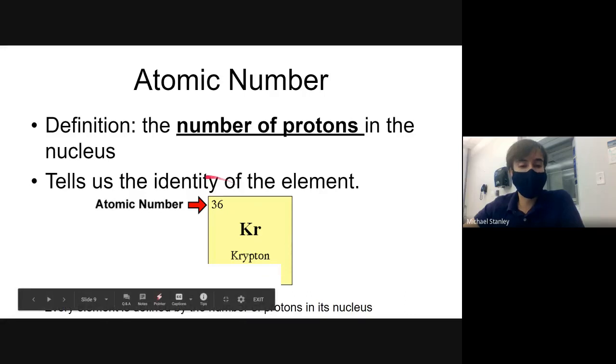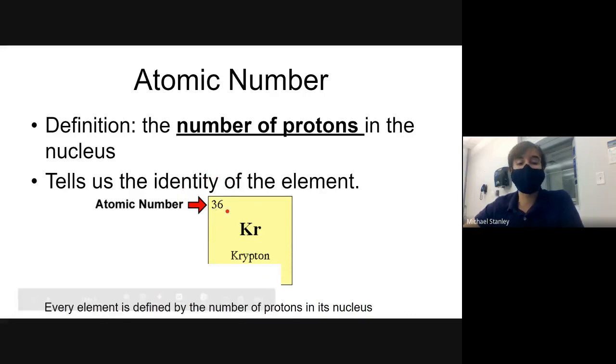So krypton is atom number 36. Krypton has 36 protons, and that's different from any other atom on the periodic table. No other atom has 36 protons, only krypton.